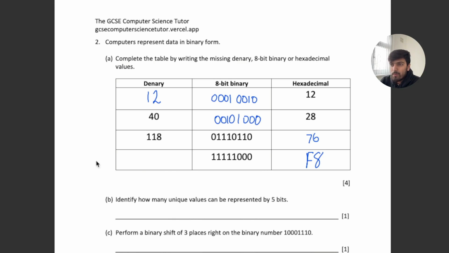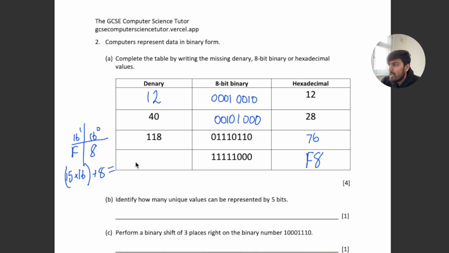For this one, remember, we draw a table, 16 to the 1, 16 to the 0, and we put F8 here. F corresponds to 15, so we do 15 times 16, plus 8 times 16 to the power 0, which is just 8.